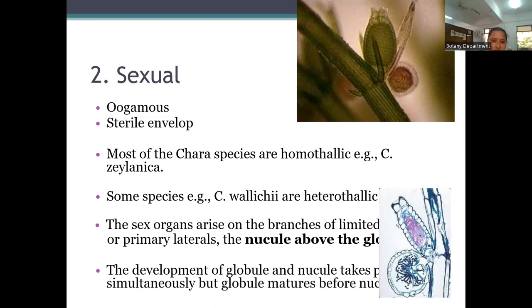Monoecious and dioecious, homothallic and heterothallic are also important. You can observe the species is protandrous in nature. See here in the picture, the globule develops below the nucule. This is a nucule. Always the globule develops below the nucule in monoecious species.